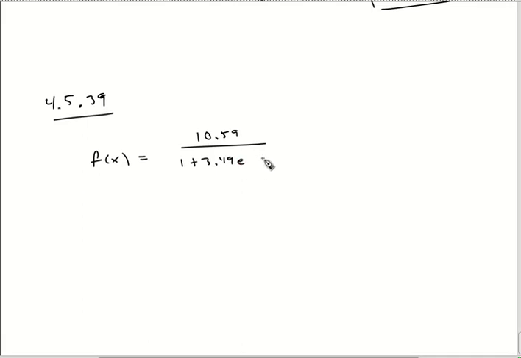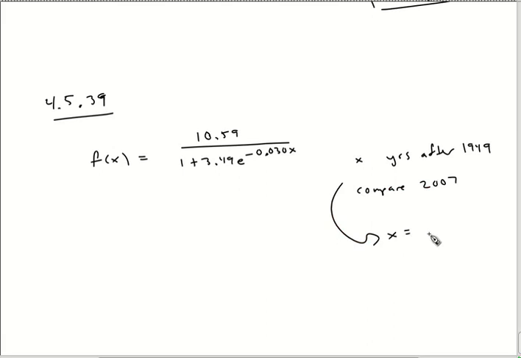Okay, so I'm retyping what we have. I do believe that this one was back in Algebra, same kind of problem. They say that x is years after 1949, and we're supposed to compare our result with the 2007 data entry that they have. So my x is going to be years after. You subtract them, of course.